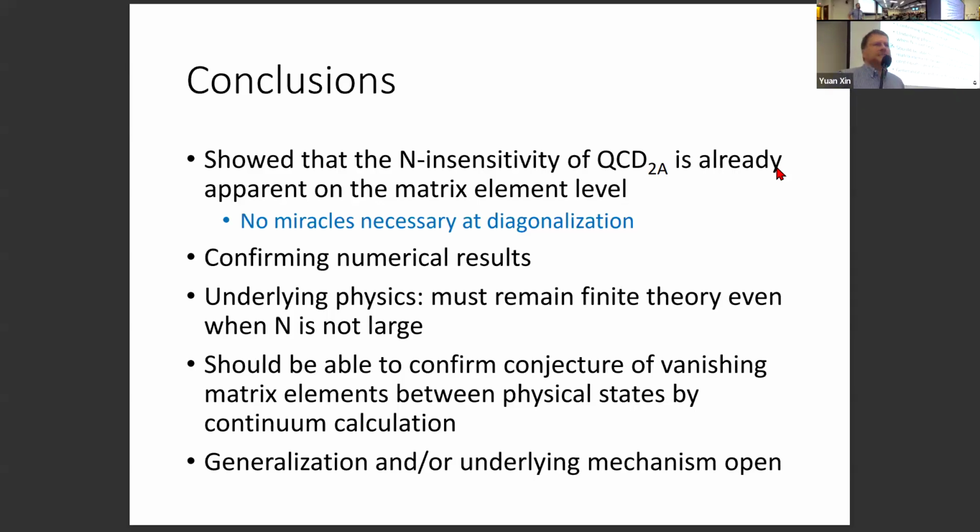That's the thing that makes adjoint QCD special, because in the case of adjoint QCD you can take an arbitrary group and decorate it with adjoint fermions, and for no other representation can you do that.